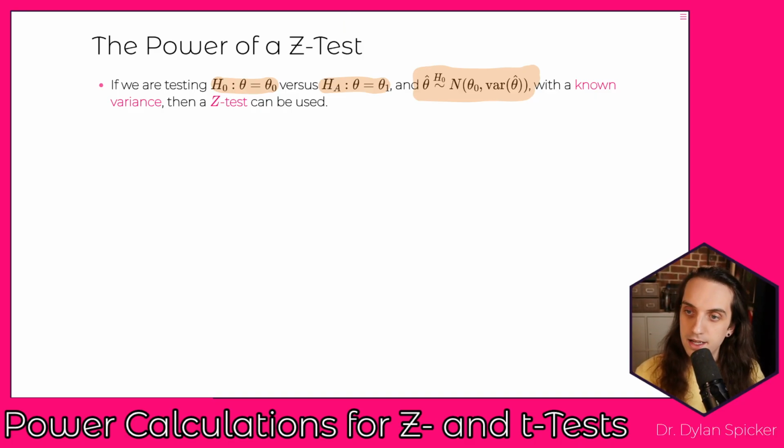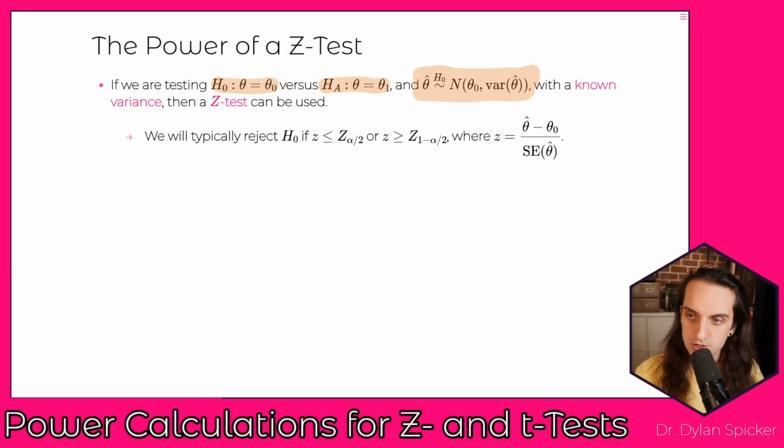Okay. In this case, we can use a z-test, and from our z-test, we're going to be able to work out our power. So we're going to typically reject the null hypothesis if we observe our test statistic is less than z alpha over 2, or if it's greater than z of 1 minus alpha over 2, that two-tailed rejection. And our test statistic is going to be theta hat minus the value under the null divided by the standard error.